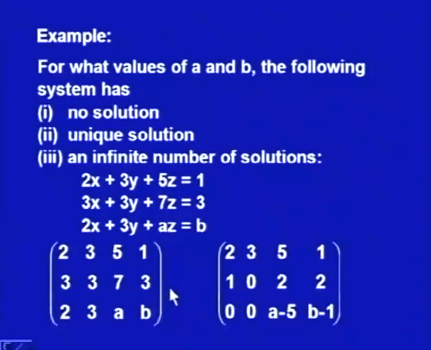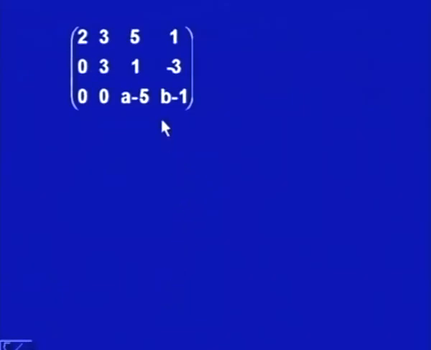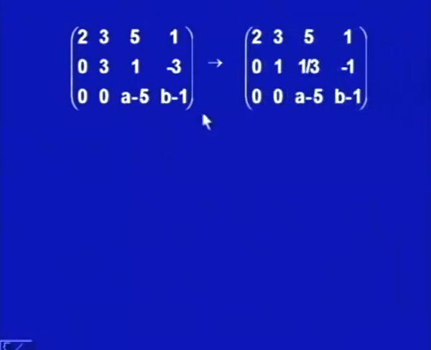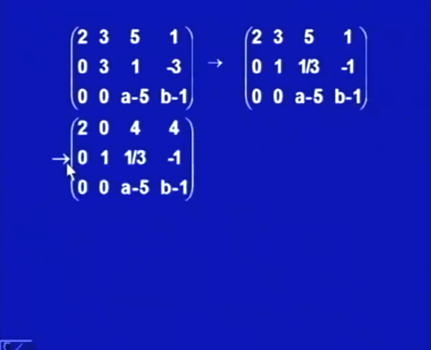So, if I start with this and apply linear transformations again, then this can be reduced in this form. What I have done is I have divided the second row by 3. So, it is 0 1 1/3 and minus 1, and 0 0 a minus 5 and b minus 1.